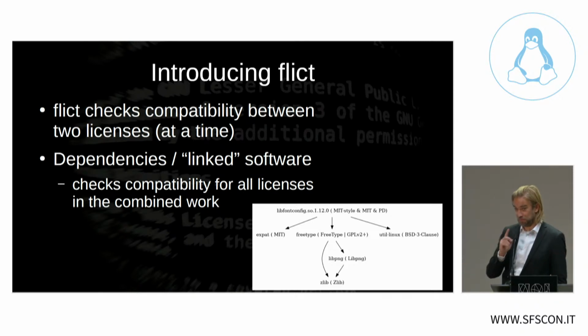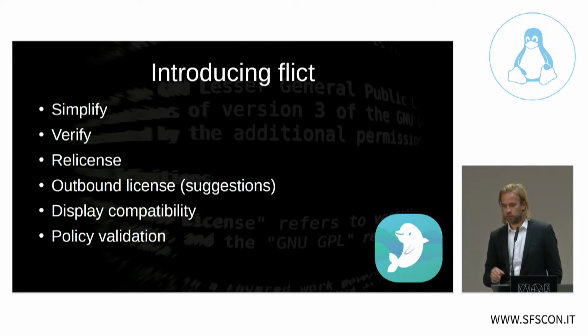You see here, there's FreeType or GPL version 2. It means we have a choice, so we can choose. That basically means that we have two ways of choosing the license here. And that has severe implications, which we're going to see later.